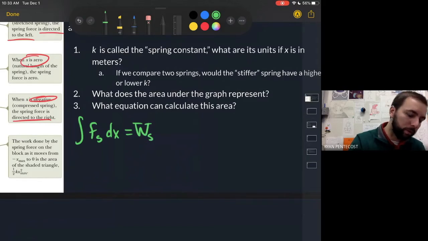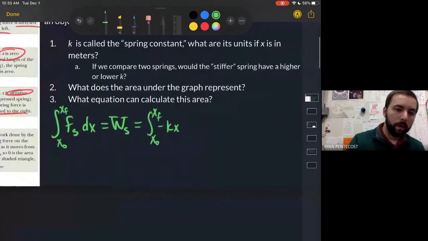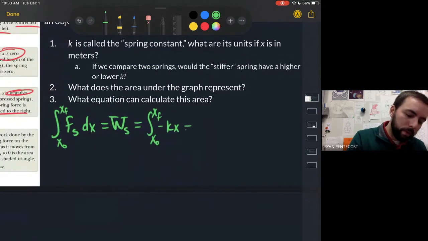This will be from some x naught to x final. So we would do the integral from x naught to x final of negative kx. Okay. So when we do that, you would get negative kx squared over 2 from x naught to x final.